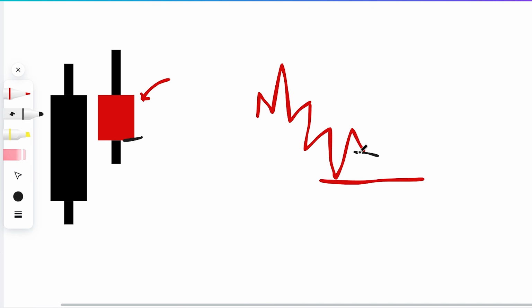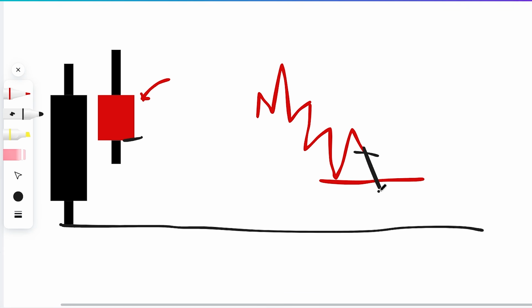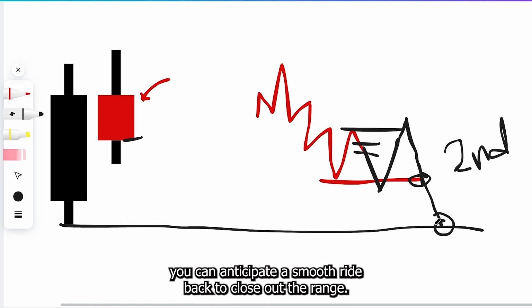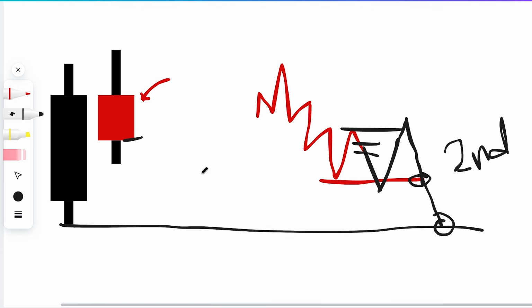So price starts off by taking your trigger point out, and instead of continuing to the bottom of the range, price comes back for a second. Price comes back and looks for either external liquidity or internal liquidity. So let's say in this case, price grabs external liquidity and then comes back to your trigger point for the second time. And once price comes back to your trigger point for the second time, you can anticipate a smooth ride back to close out the range.